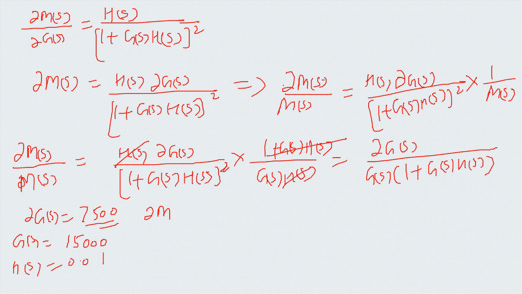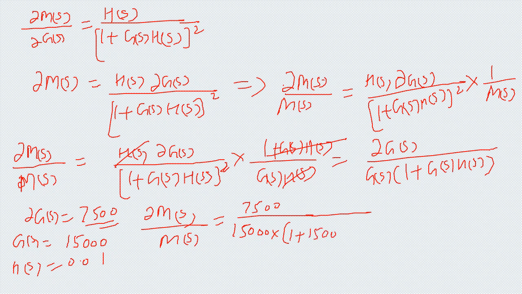So del M(s) over M(s) is equal to 7,500 over 15,000 into 1 plus 15,000 times 0.01.